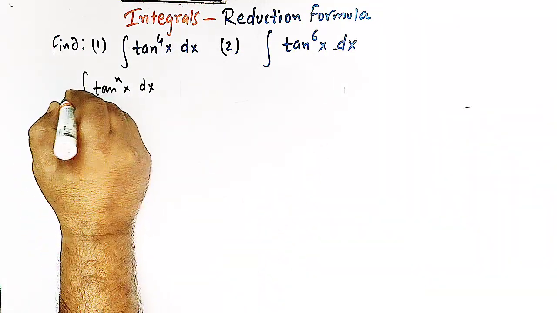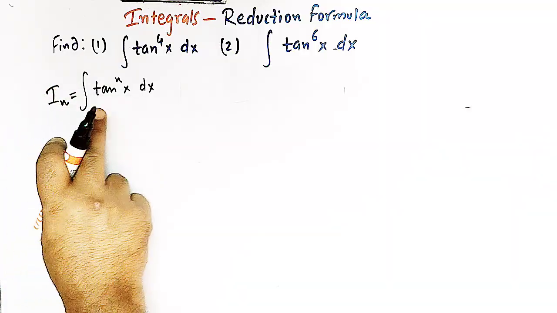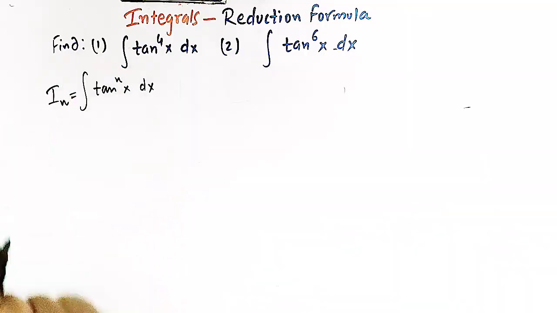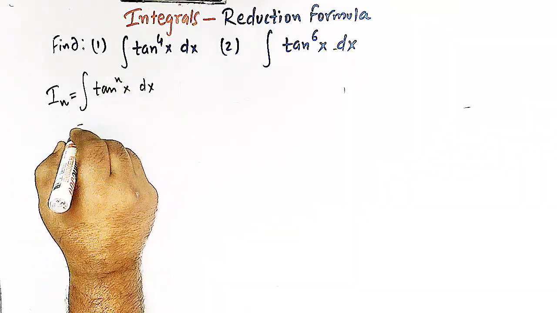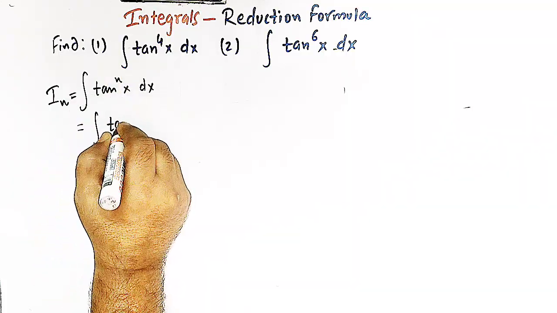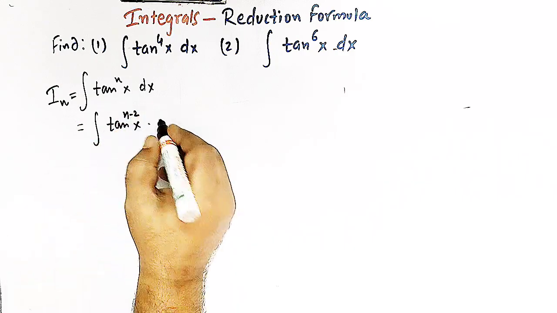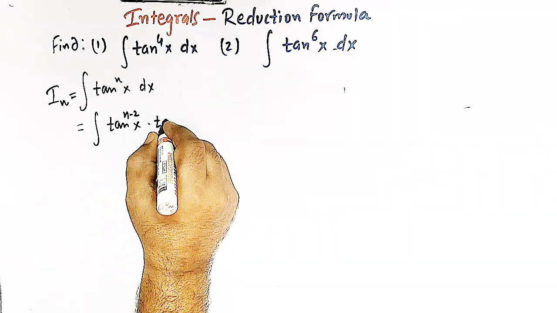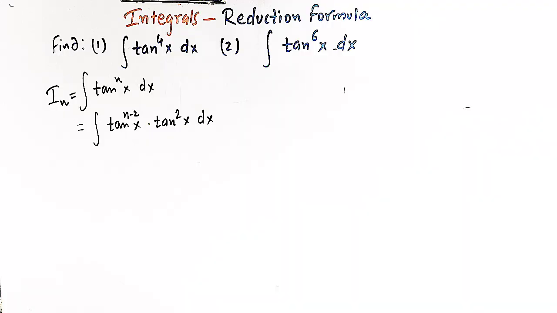So let us call this integral I n, right? So here the integrand is given by tan x raised to n. So let us first write this integrand as tan x raised to n minus 2, and here we can multiply this expression with tan square x, and here we have dx, right?